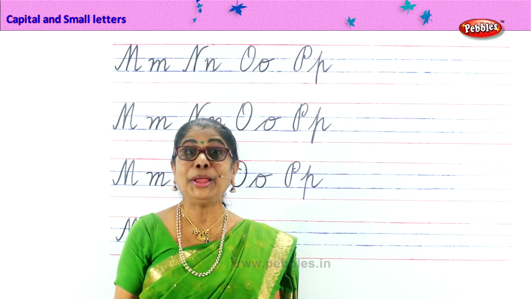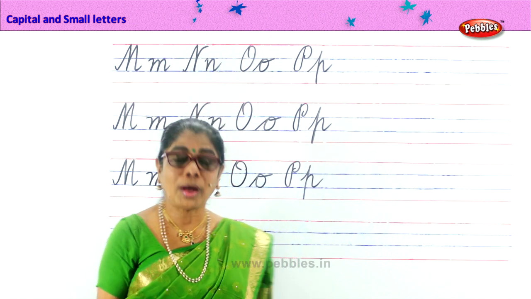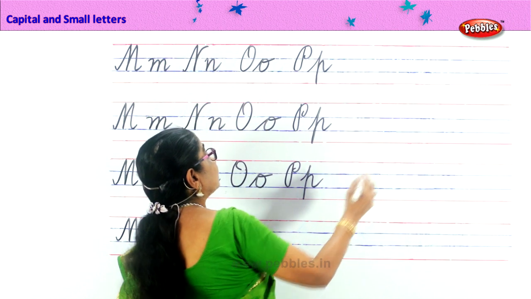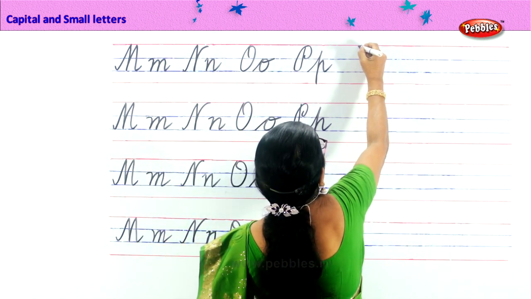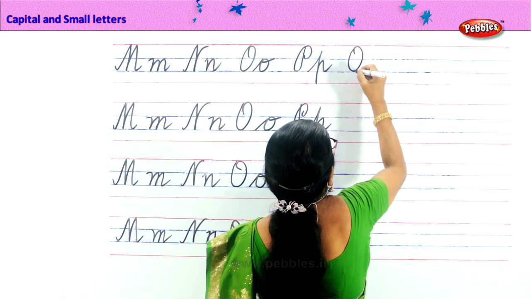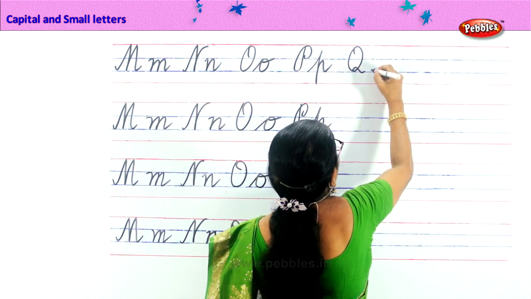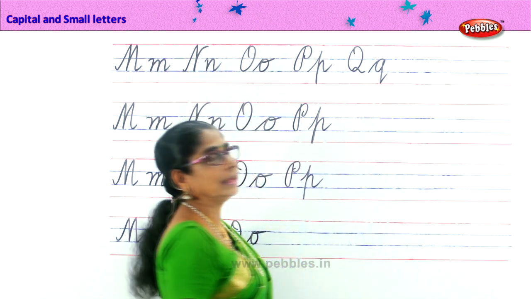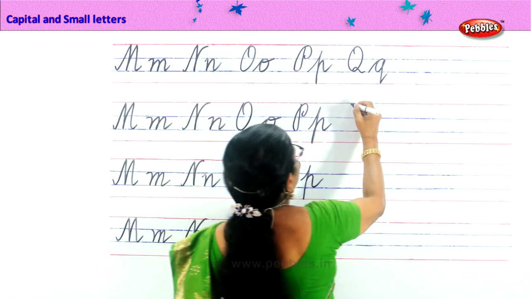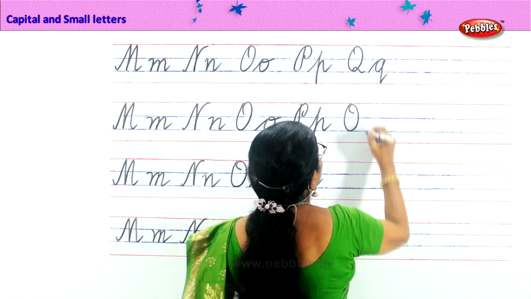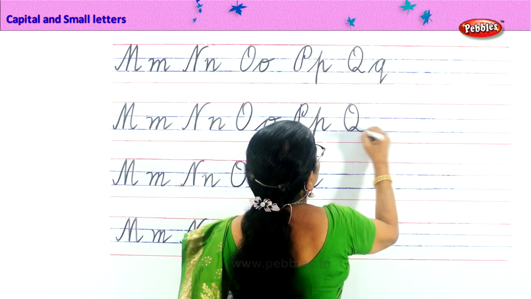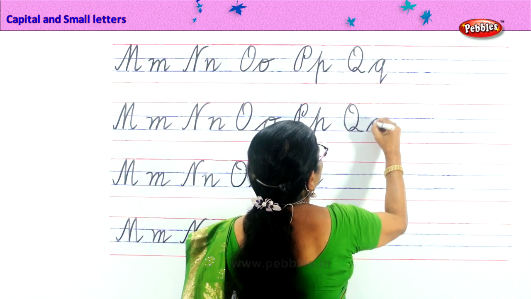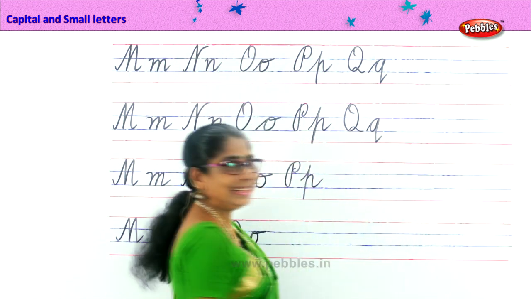Next letter, Q. Sound qua. Q. Now, the Q is something like O, but there's a loop. Q, big Q, and small q is like this. The capital Q is like this, and the small q is like this.